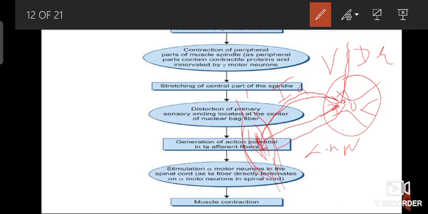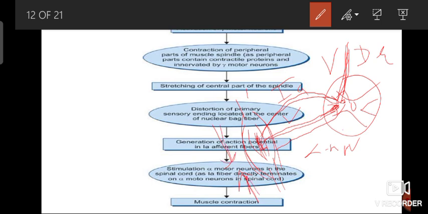The descending pathway activates the gamma motor neuron, causing contraction of muscle.